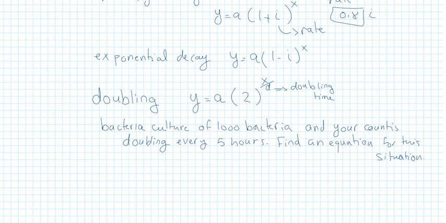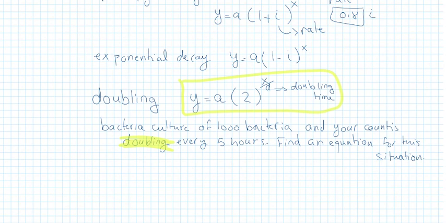So where is the word that tells you to use this formula? What's that keyword that you're looking for? Doubling, right? Because it says doubling, you know right away that you have to go to this formula, because it's giving you your base.